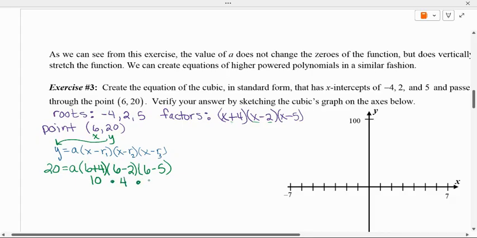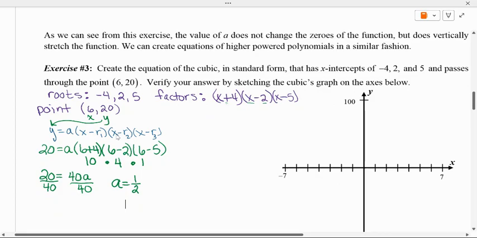And what is 6 minus 5? 1, right? So I really have 20 equals, what is 10 times 4? 20 equals 40a. What do you want to do now to get a all by itself? Divide both sides by 40. So a equals 1/2. All right, that's cool.